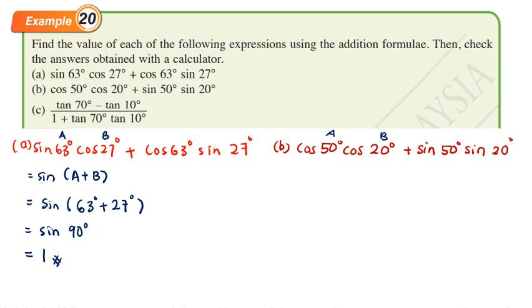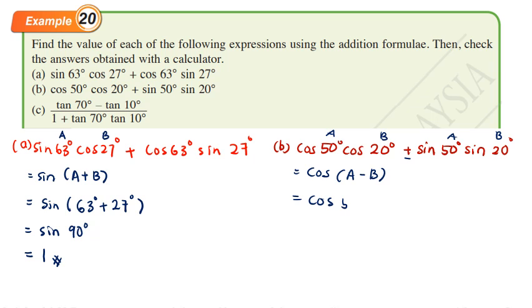So you look in the formula, you see if it is cos A cos B, but then here is a plus sin A sin B. This one is A, this one is B. Refer to page 215 in your textbook. So this one comes from cos A minus B. So teacher will rewrite back.